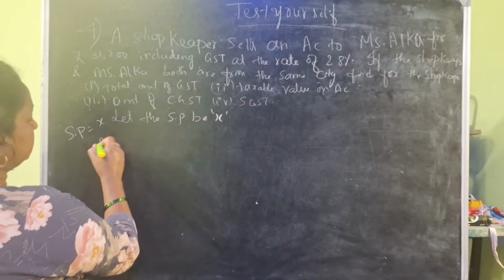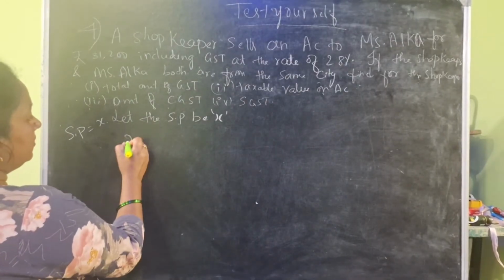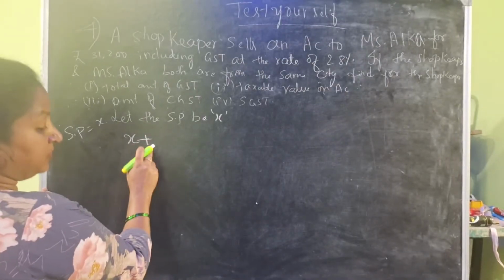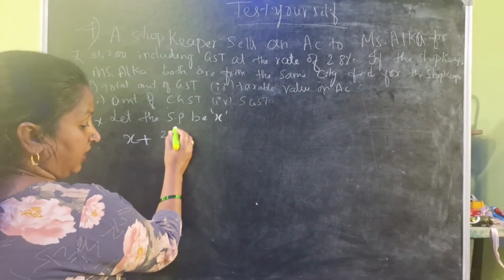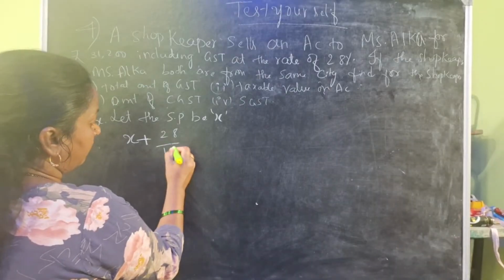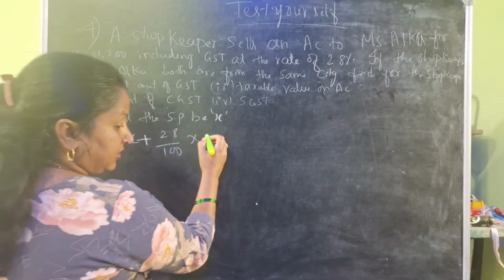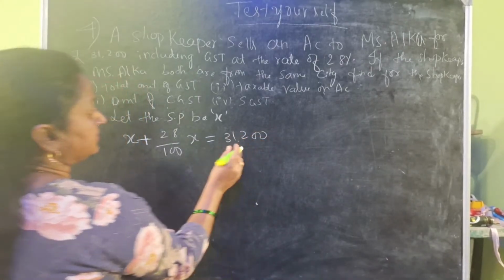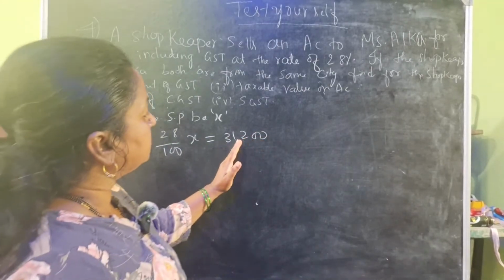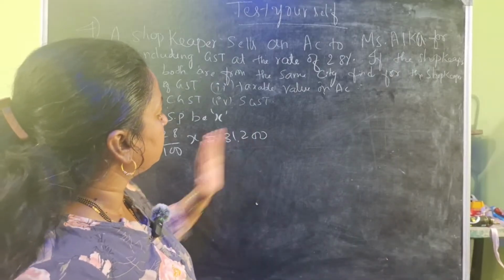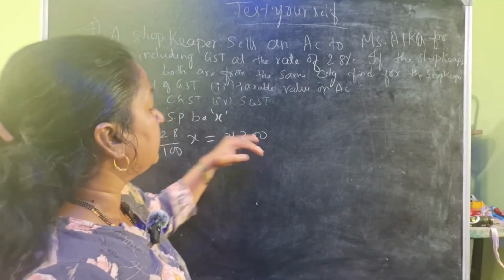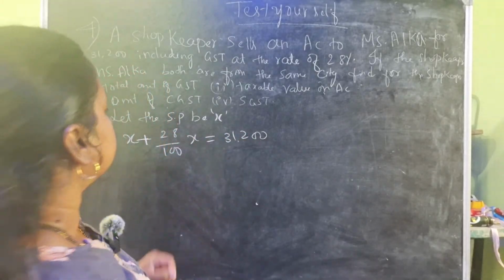According to the question, X plus 28% of X is equal to 31,200. That means the invoice price is 31,200, which includes the selling price and the GST.